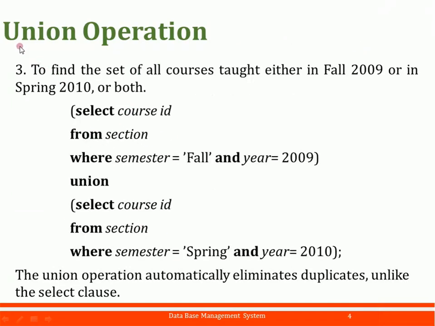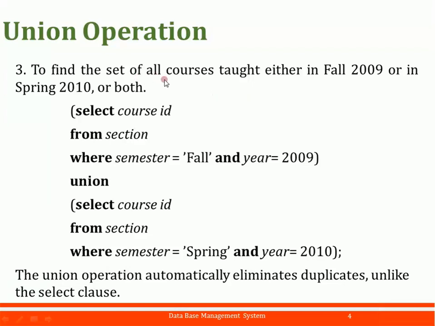Now we are going to apply the union operation. So our objective is to find the set of all courses that are taught either in fall 2009 or in spring 2010 or both. So we have separately found all the courses which were taught in fall 2009 and separately in spring 2010. Now we are going to combine.